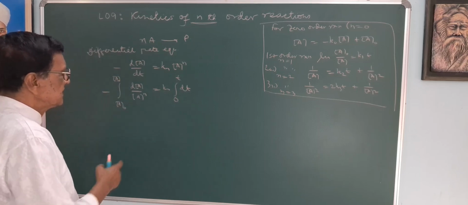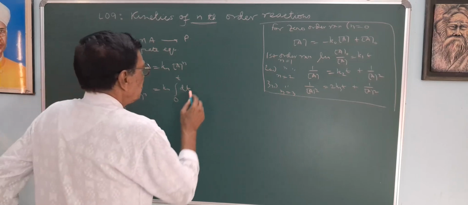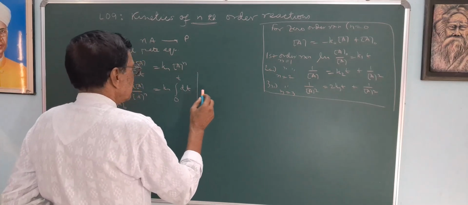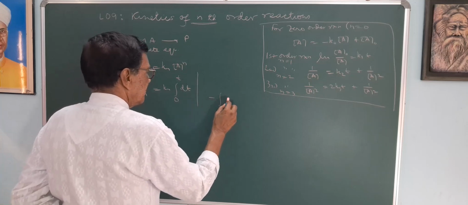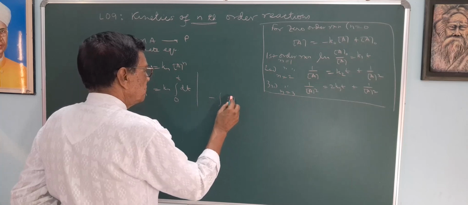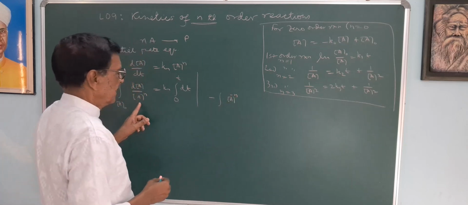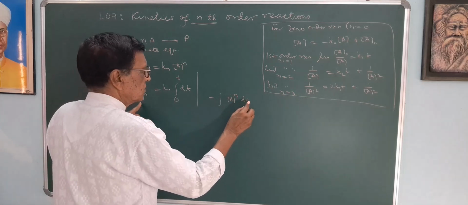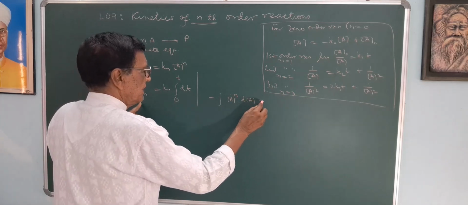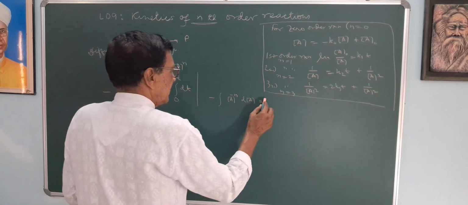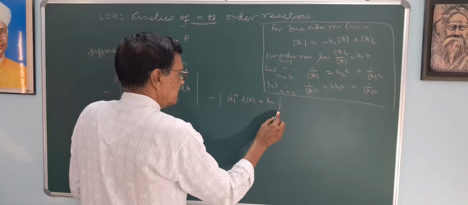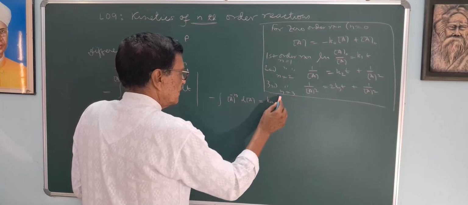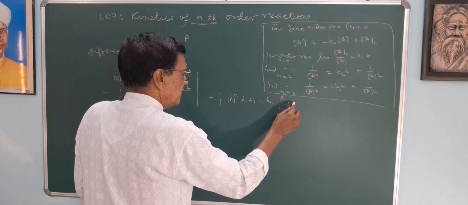So this integration we can do very easily. Say, minus the integration of concentration of A to the power minus n into d concentration of A equals Kn, and integration from 0 to T of dt.